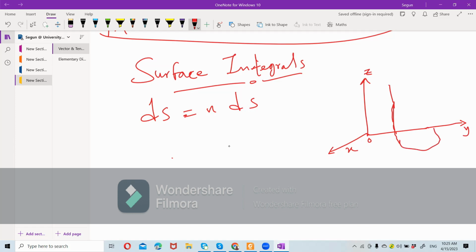Let's say we have this object here. At this point, we have this space called n.